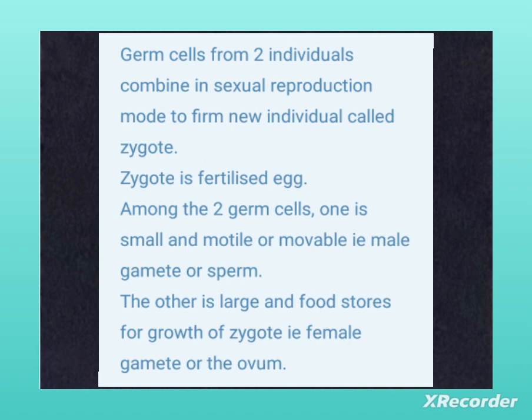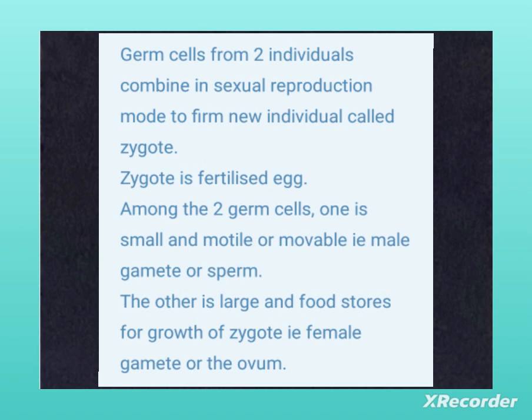Now you can tell a zygote is a fertilized ovum. The sperm and the unfertilized ovum reinstate a chromosome set in the zygote. So this was the importance of DNA copying.